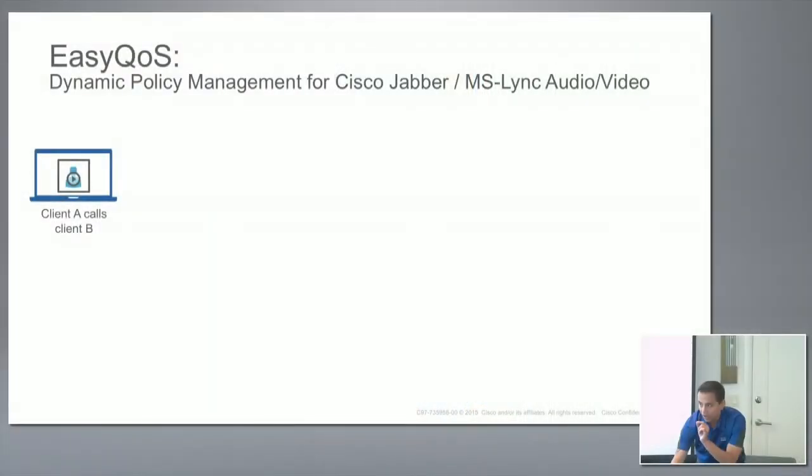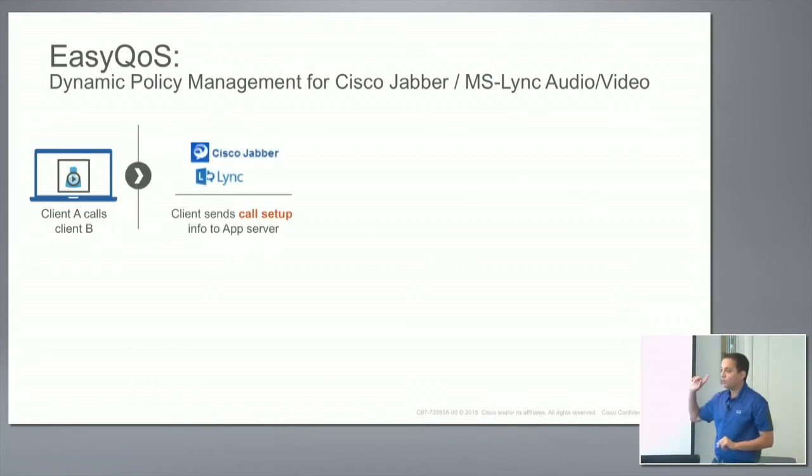So we have actually created this feature in the controller called dynamic QoS. I'm going to go straight to the solution in the interest of time. When a client calls another client and the session is being established, the application server, whether it's CUCM, Skype for Business, Microsoft Lync server, or any other server, calls the northbound APIs of the controller and says, here is the session information, this is voice or video.